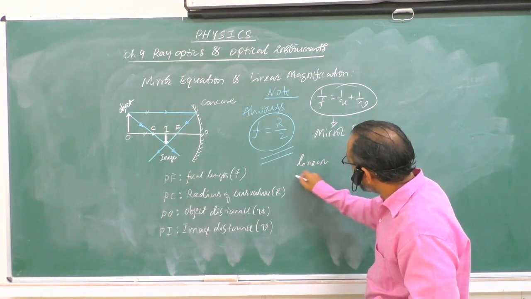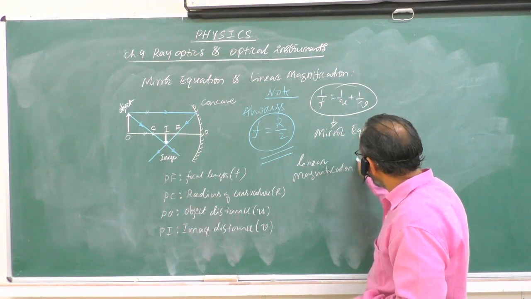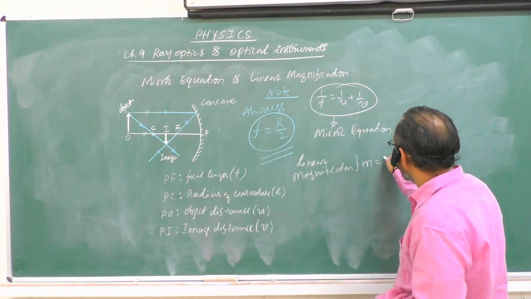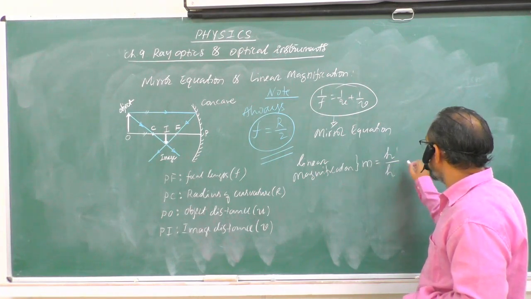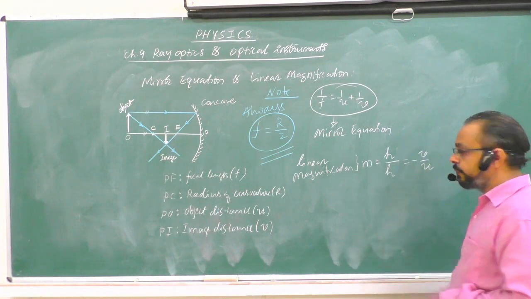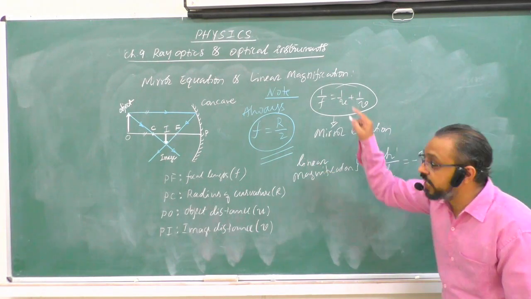Linear magnification M is equal to H dash divided by H, which is equal to minus V divided by U. You have to know this one, M stands for the linear magnification of this mirror.